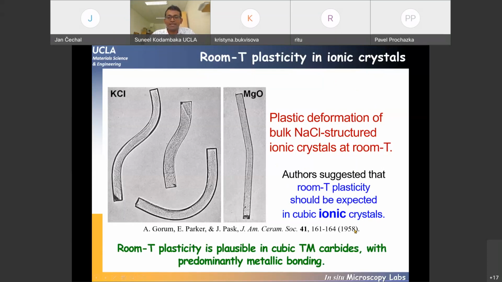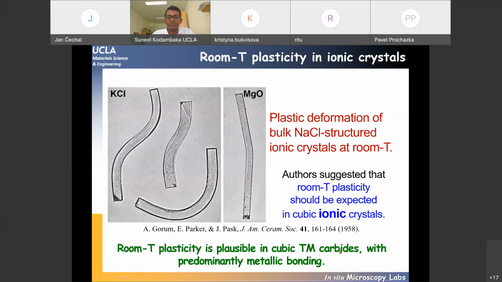But back then, the same authors suggested that this is something that is common and should be expected in cubic ionic crystals. And transition metal carbides, they are more metallic than ionic, and they have a mixture of bonding.